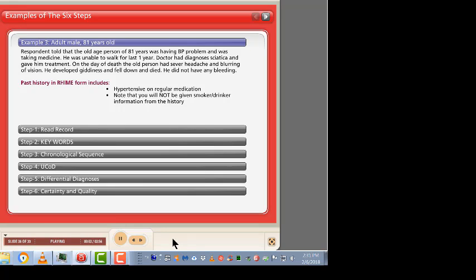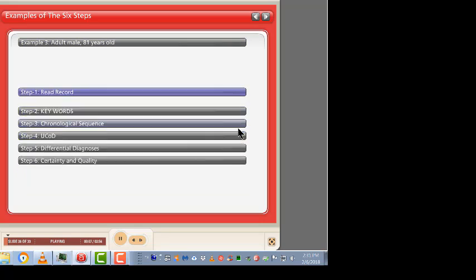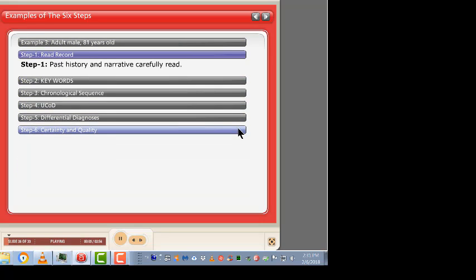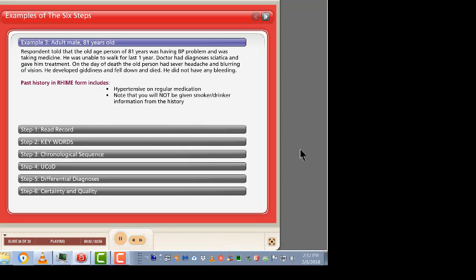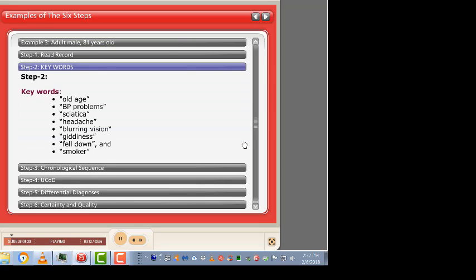Assuming a careful read of the narrative, here are the steps for example 3. Step 2.